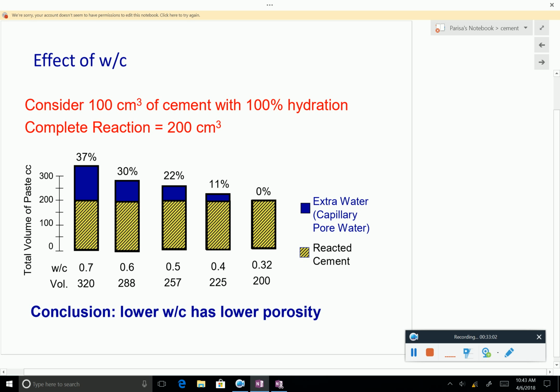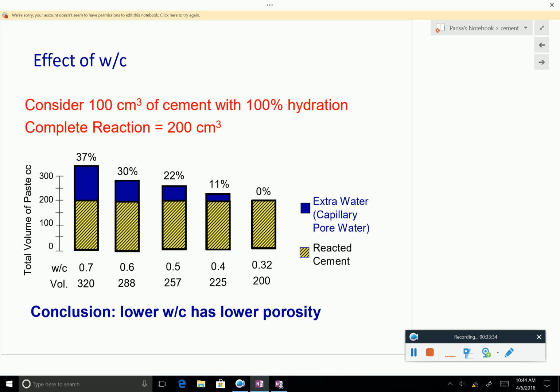Now, to give you a sense of what you get in terms of porosity for different water-cement ratios, this graph is showing you that. So look, you have water-cement ratio changing from 0.32 to 0.7, and the porosity is changing from 0%, where porosity is the volume of voids which are not filled with water, to 37%.